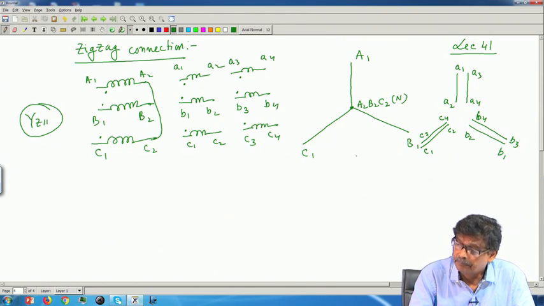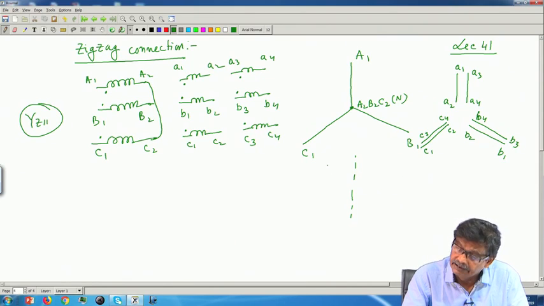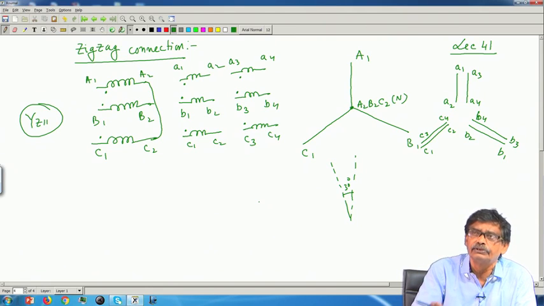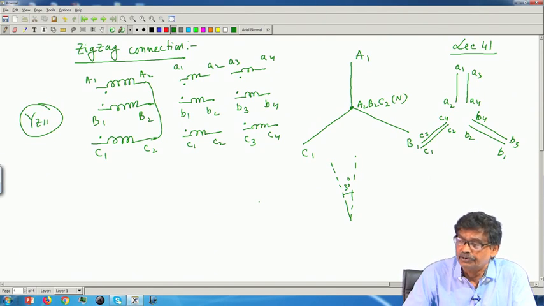Therefore, I draw first this A phase voltage, that is at 12, and then I am expecting my thing here at 30 degree. This is also straightforward, similar to the previous one. I am just doing so that you get used to it.